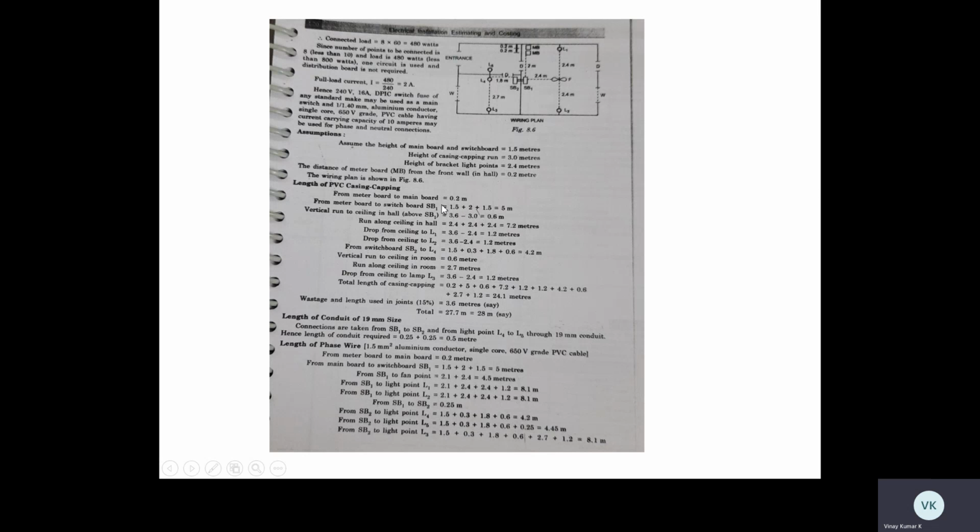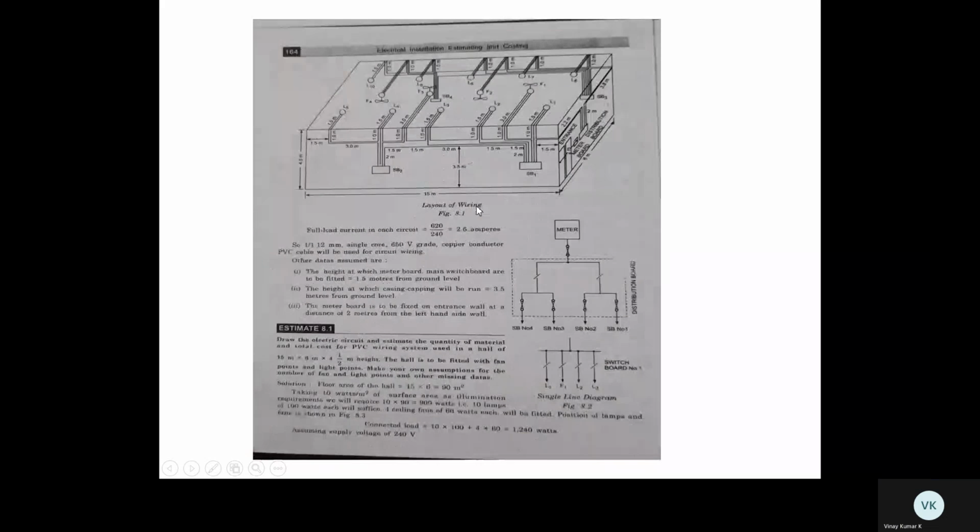This is that 1.5 meters, and this is that 1.5 meters. The 2 meters is the horizontal run and 1.5 meters is the vertical drop, 1.5 meters vertical drop. This 1.5, this 1.5 plus this 2, is total 5 meters.